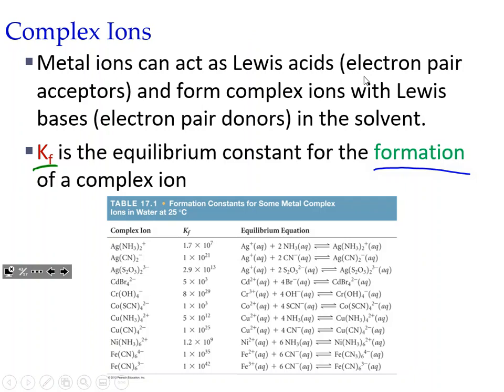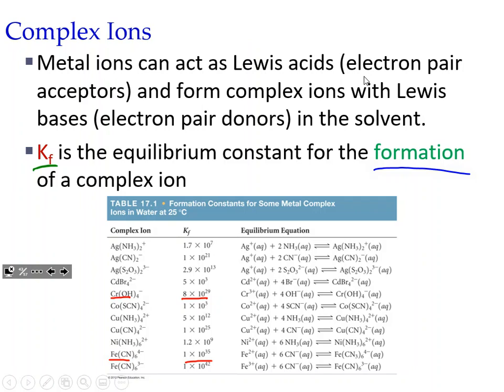Now, what you'll also notice is looking at their Kf values, a lot of them are large, like this one, where the iron's combining with the cyanides, or this one, the chromium's combining with the hydroxides, 10 to the 28th, or 29th, 10 to the 35th. Very large Kf values.